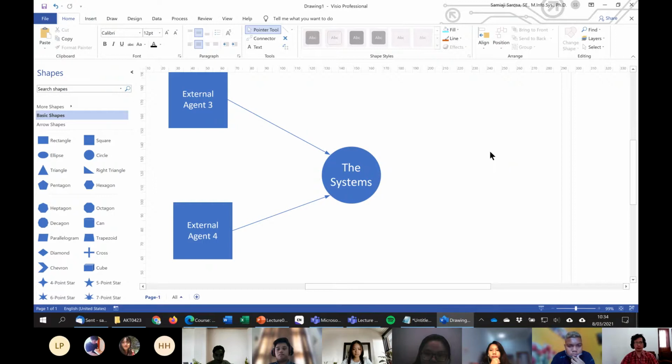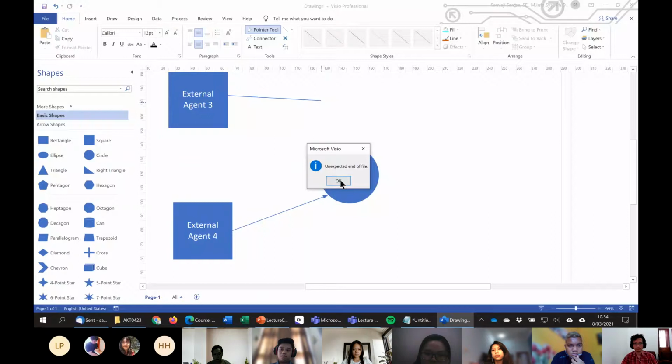And yes, Joshua, there should be at least one arrow showing like this. If this is the case, then it's not a problem.